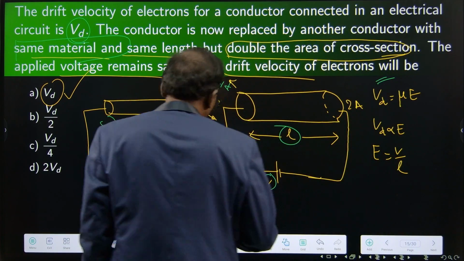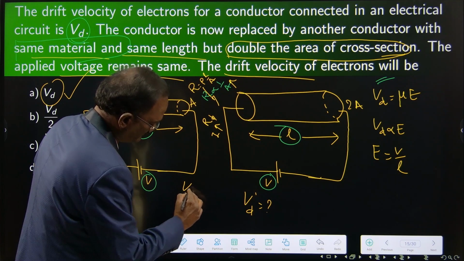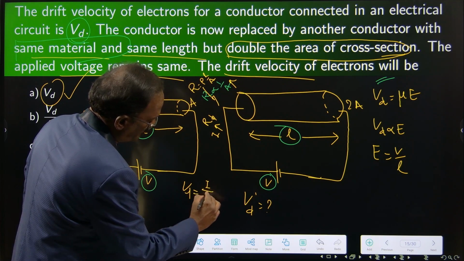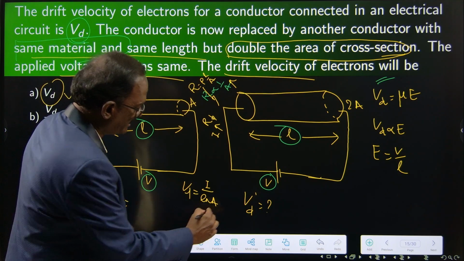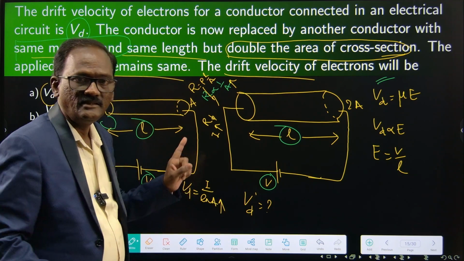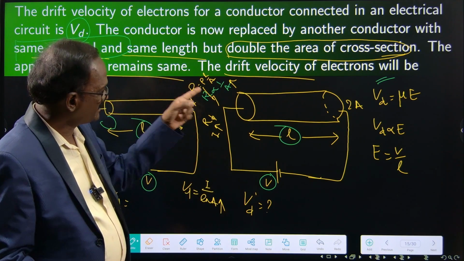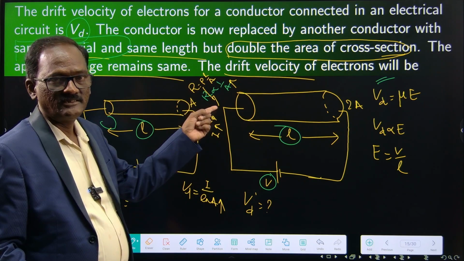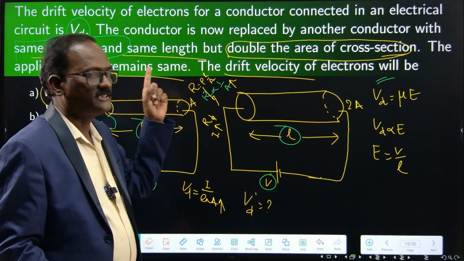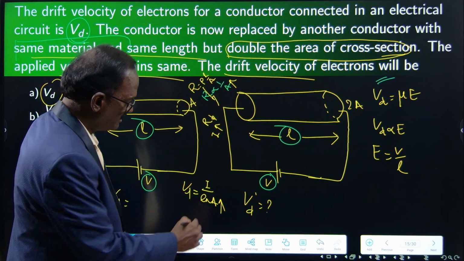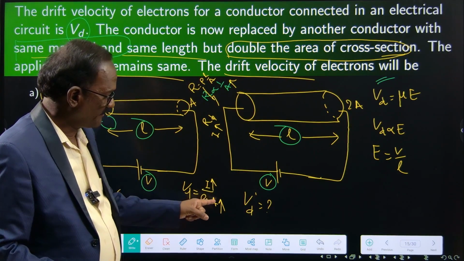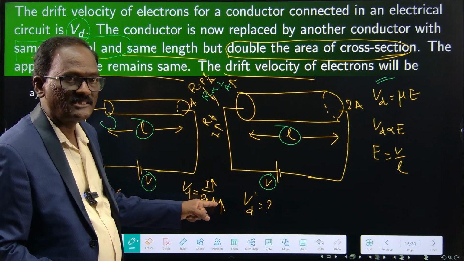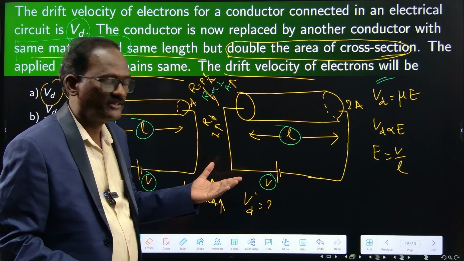Right? The Vd is equal to I upon nEA. Area is increasing, thereby resistance is decreasing, then current is increasing. So if area increases, current is also increasing. If the size is doubled, the current value will also be doubled.